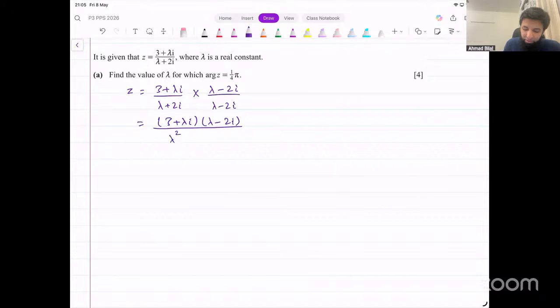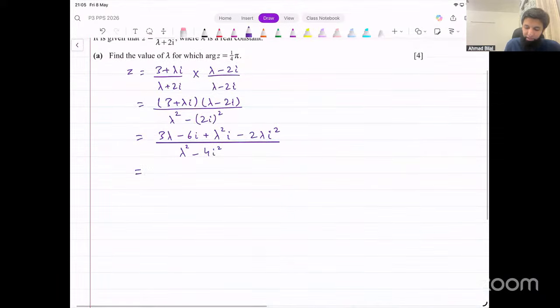So that becomes λ² − (2i)². Now 3 into λ, that's 3λ. 3 into −2i, that is −6i, plus λ²i, minus 2λi². Okay, that's the numerator. What about the denominator? In the denominator, we've got λ² − 4i².